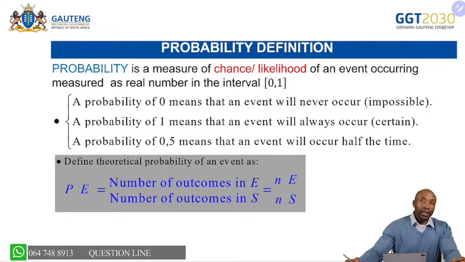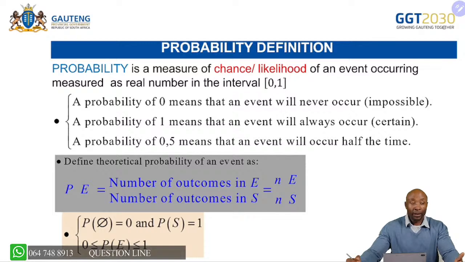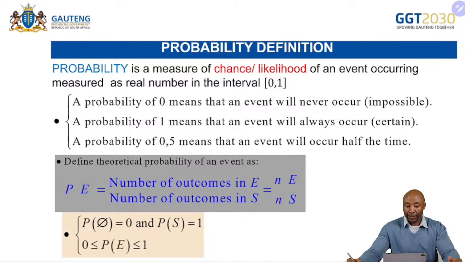So theoretically, we define probability as the number of outcomes of a particular event E over the number of outcomes in the sample space S. And the probability of an event E will be given by the number of times the event E occurs over the number in our sample space.